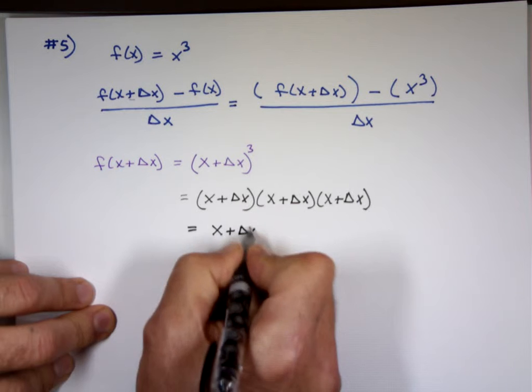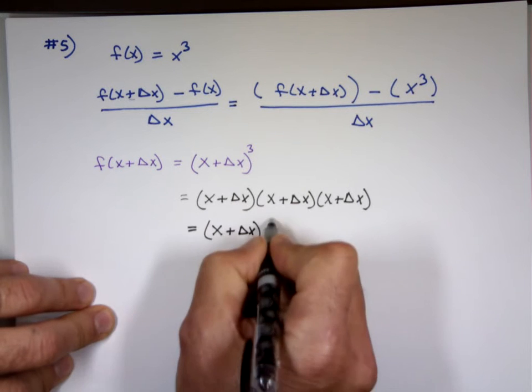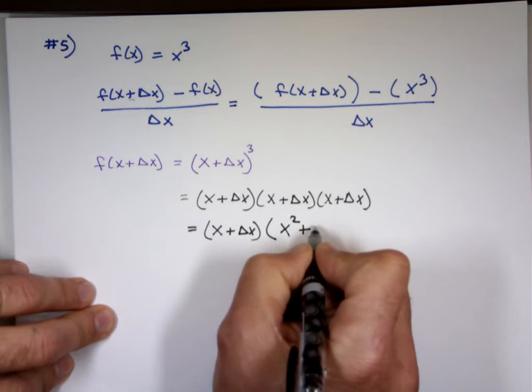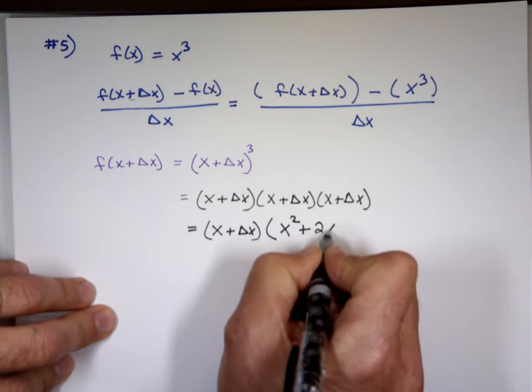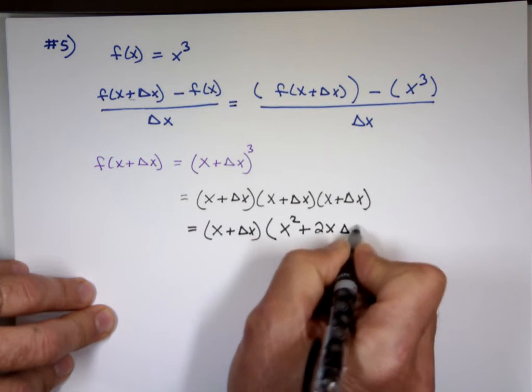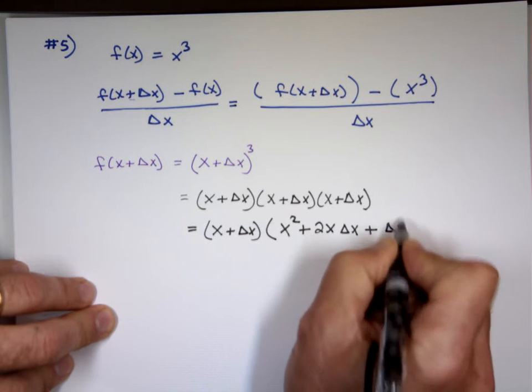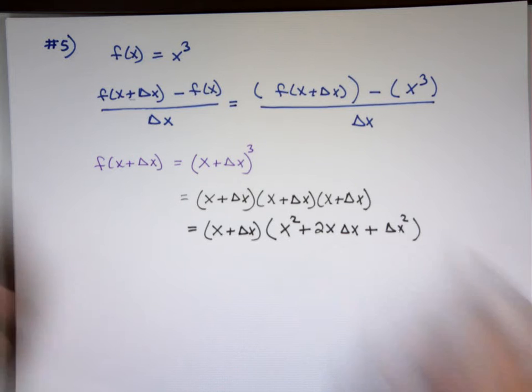If I multiply the last two and simplify the answer, that's x squared plus 2x delta x plus delta x squared. The FOIL method.